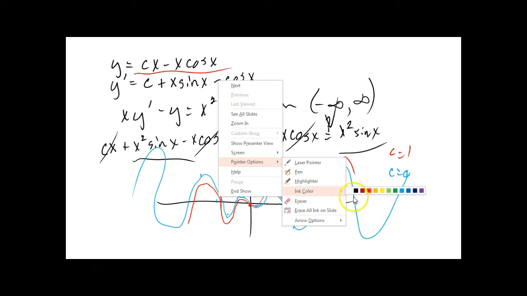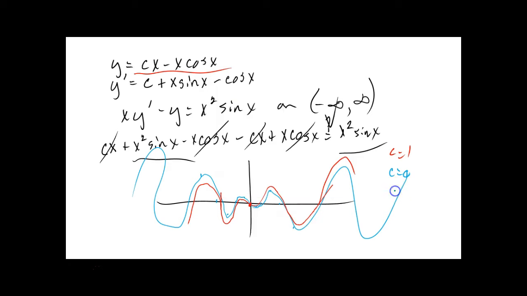Oops, color green. You've been wanting green. Okay, this will be C equal -1. And probably I should have done something greater than 1. What happens here, this dips lower than this and doesn't come as high and stays below that, but here it goes above it and stays above it like this.